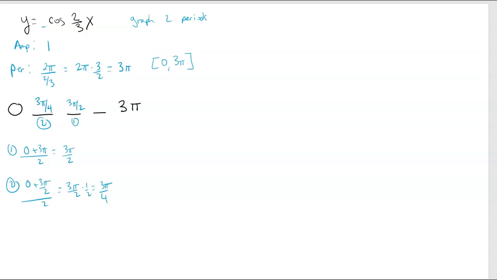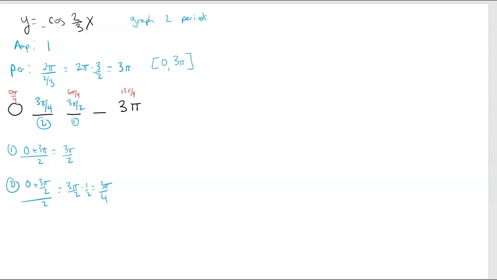Now, I could add my 3 pi over 2 with 3 pi, but I'm all about finding patterns. So notice what happens when I write them all with the same denominator. So 0 pi over 4, this is just 3 pi over 4. This would become 6 pi over 4, and this would become 12 pi over 4. So they all have the same denominators, so let's focus on the numerators. 0 to 3, 3 to 6, 6 to something, something to 12.